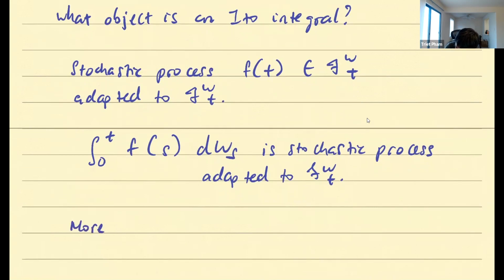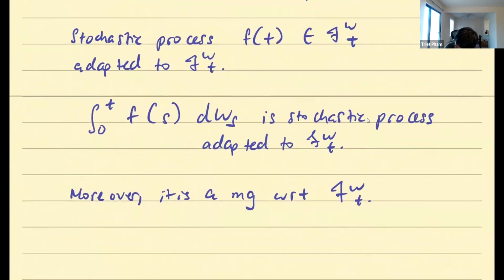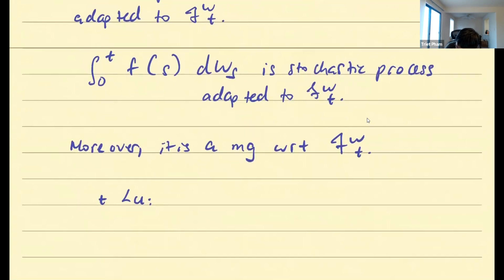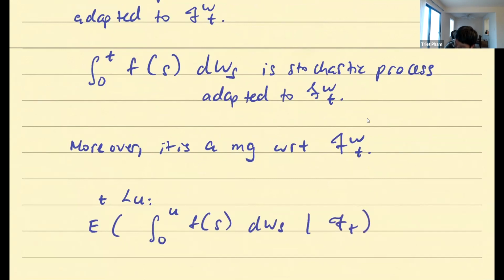Moreover, it is a martingale with respect to FWT. In other words, for t less than u, if you take the expectation of the integral up to u and you condition only on current information, it is going to be equal to the integral up to time t.